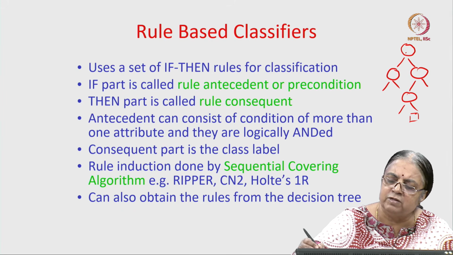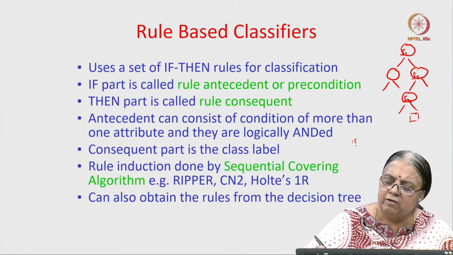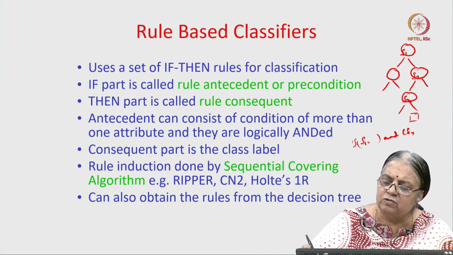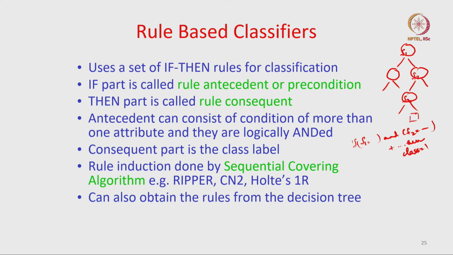For example, if this is feature 1, this is feature 2, this is feature 3, etc., then you would get a rule which says if feature 1 equals something and feature 2 equals whatever, etc., then the class label is 1. So, you can get these types of rules from the decision tree. You first induce your decision tree, and then from the decision tree you get the rules.